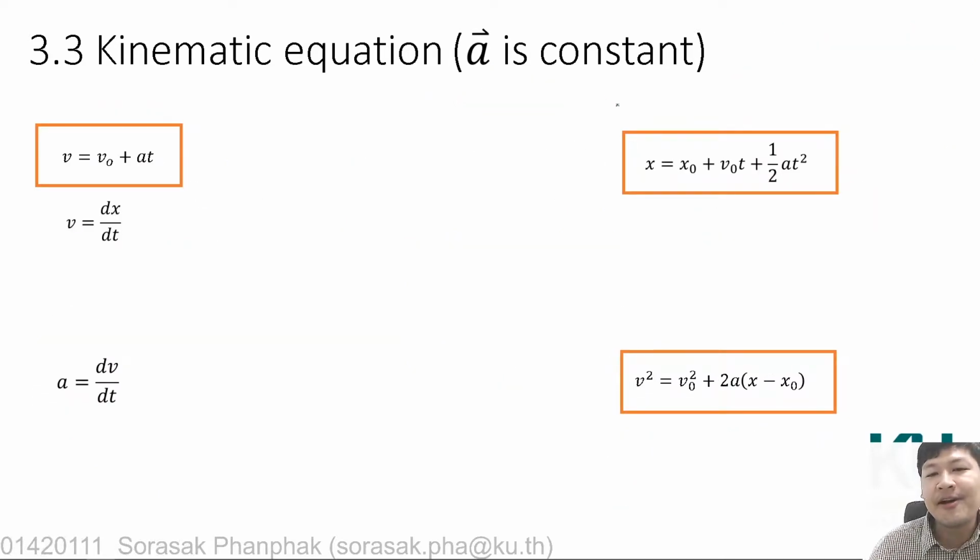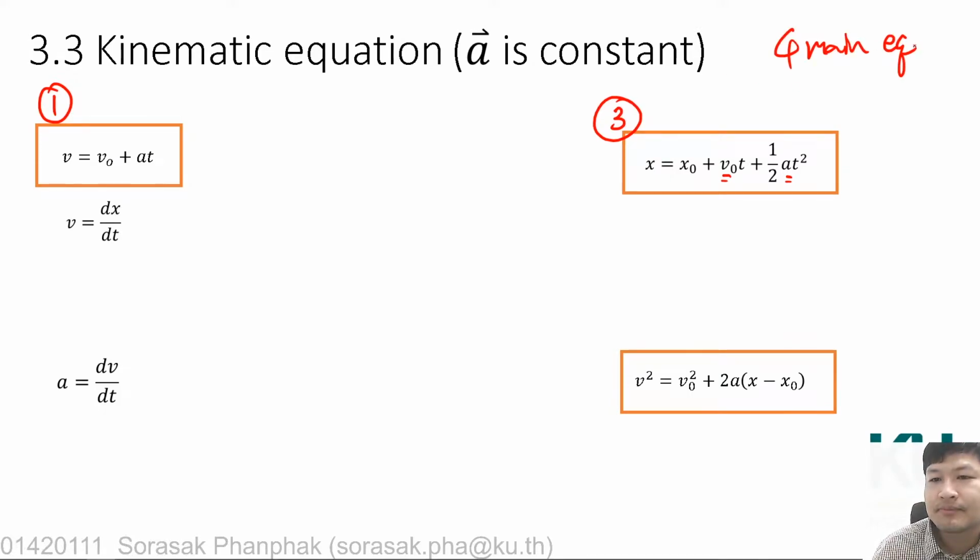How about the third one? This is the third one. You have the relation of the displacement, the initial velocity, and acceleration. Let's start from equation 1 of the four main kinematics equations. This is your first equation: v equals v0 plus at.